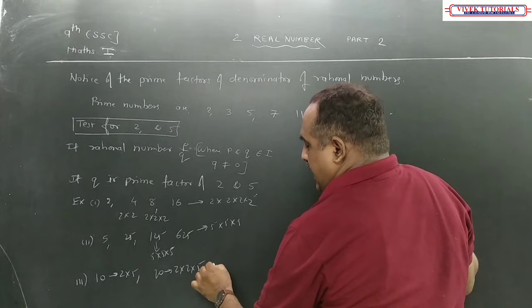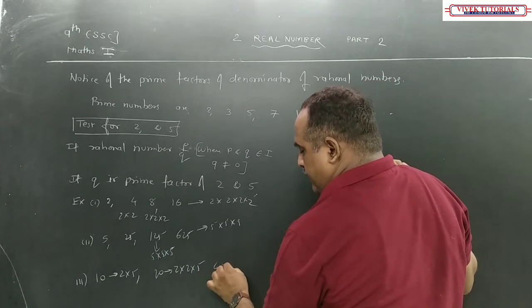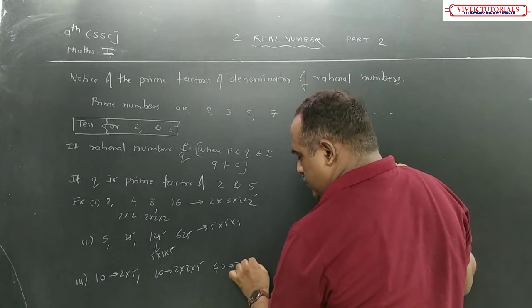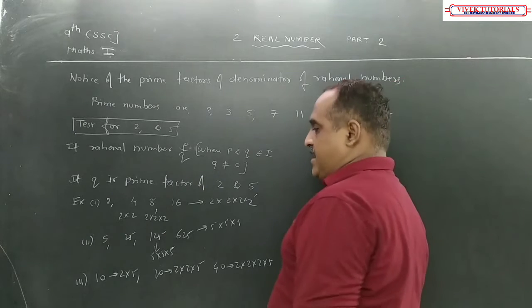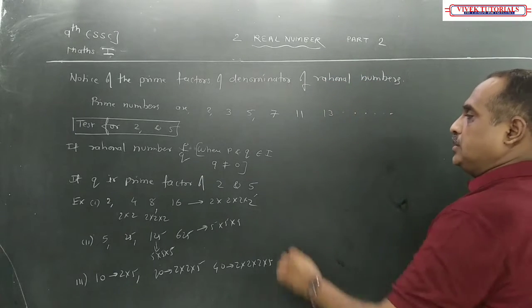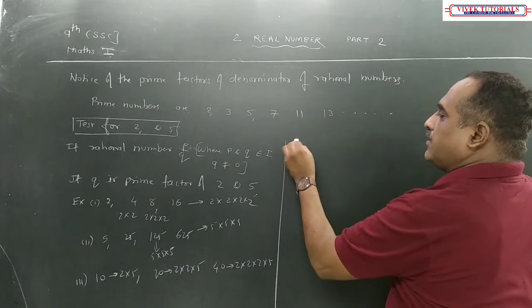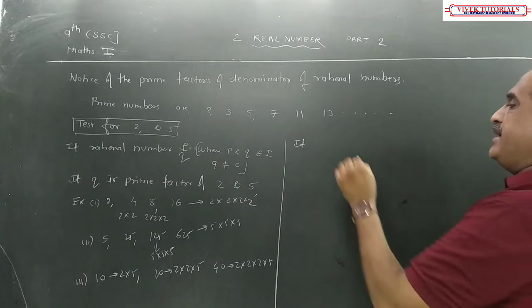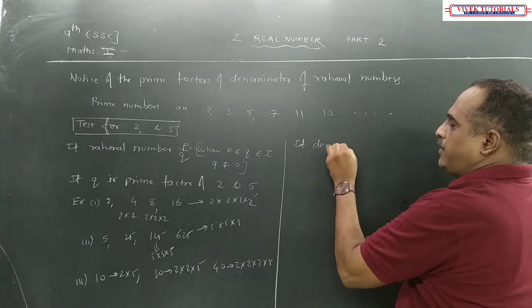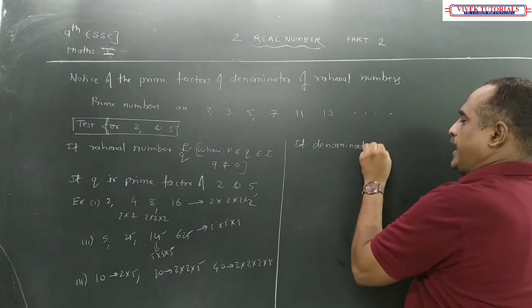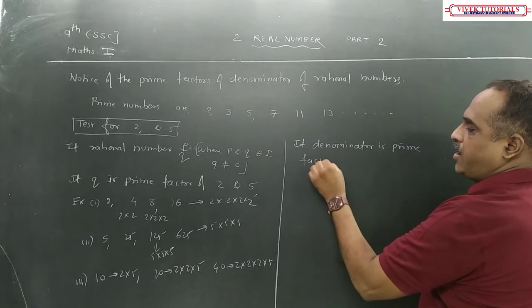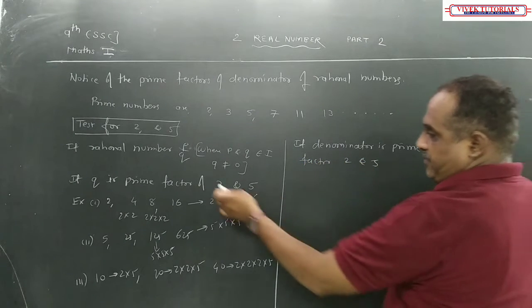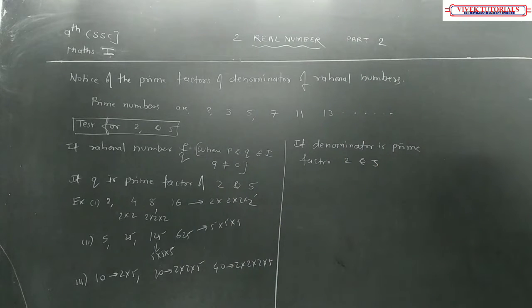Or I can say 40 will be 2 into 2 into 2 into 5. If these are the numbers, prime factors, so if the denominator is a prime factor of 2 and 5. Examples I have given.